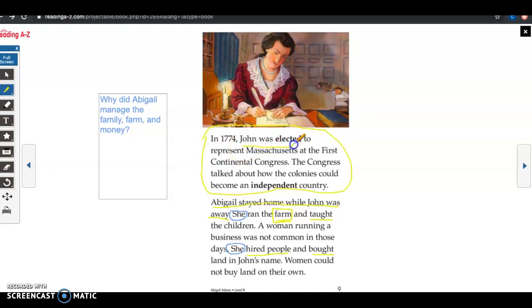He was elected to represent Massachusetts at the First Continental Congress. So he was away representing his state in the Continental Congress.